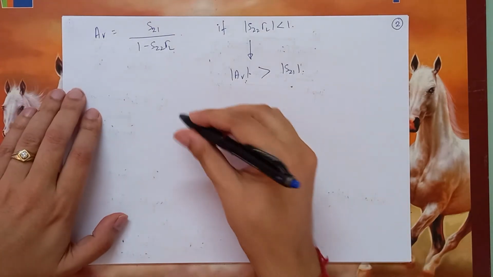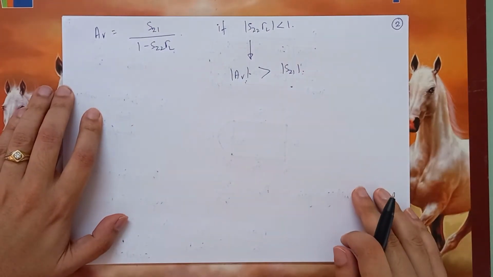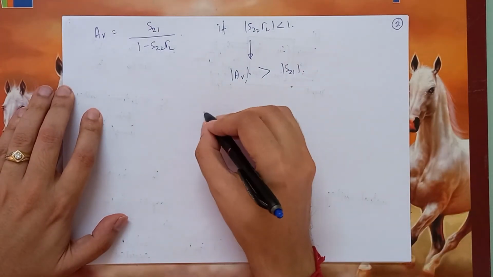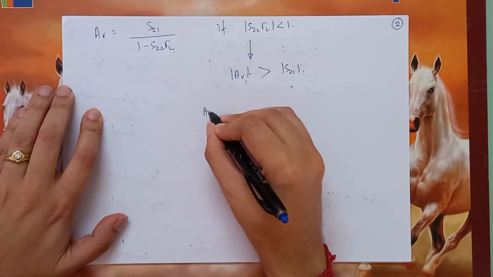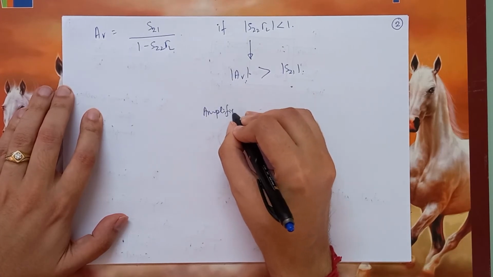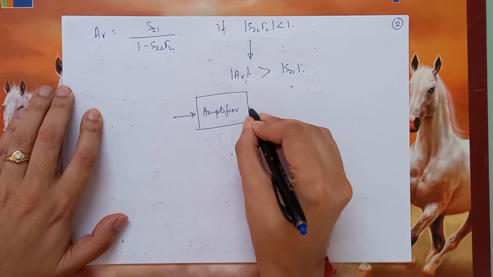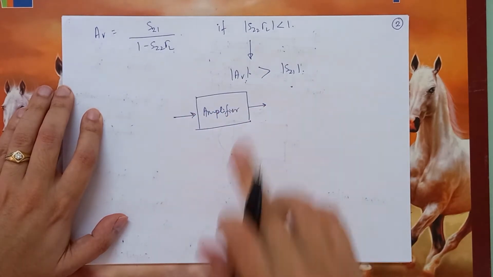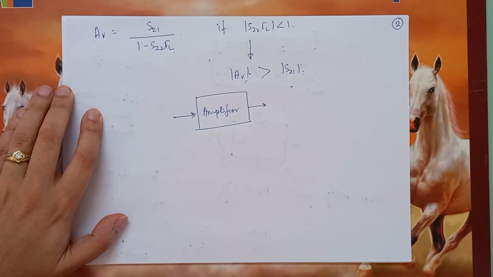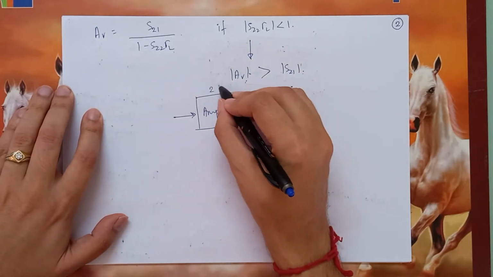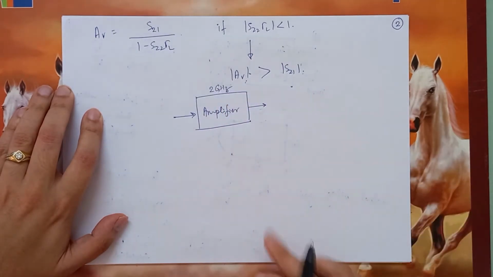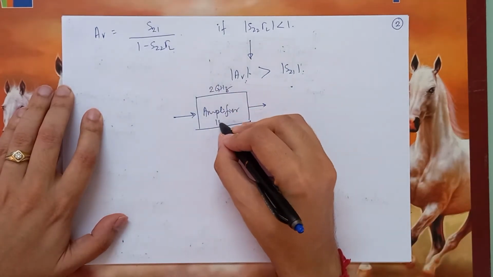So let us say if I define in terms of power, let us say I have an amplifier with some input and some output, RF in and RF out, two-port network. Now let us say at some frequency, let us say at 2 gigahertz, the amplifier is able to give me a gain of 15 dB.